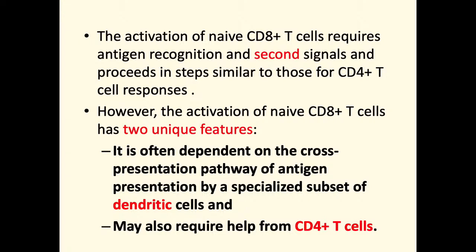It may be tumor cells, or virus-containing cells, depending on the antigen. So this needs T helper activation, and firstly we need antigen recognition, as you can see here, and second signals. There is also an immune feature called cross presentation, because sometimes when a virus infects normal cells which are not immune cells, we need to present those antigens somehow, because normal cells, roughly speaking, are not antigen presenting cells.